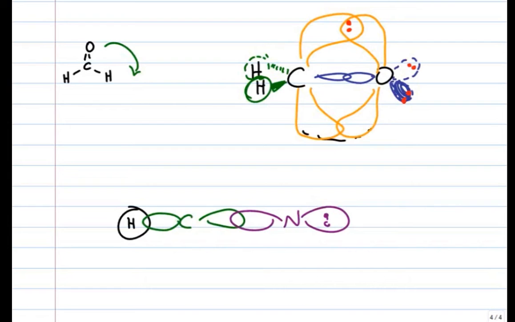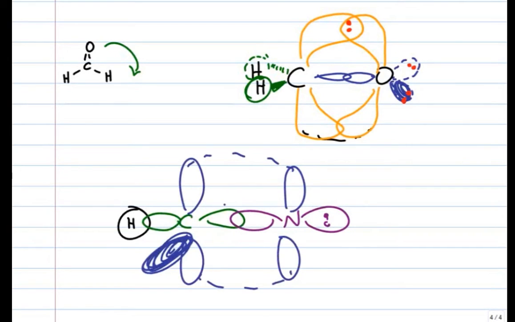One of them is going to sit in the up-down, so that'll be the y-plane. So we'll show the pi bond like this. And the other one is going to sit in the z-plane. One half is coming forward and the other half is going back. So that's going to look like this. This one's coming forward, and then half of it, let's show the going back in a different color.